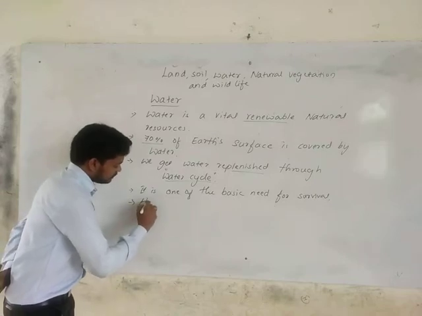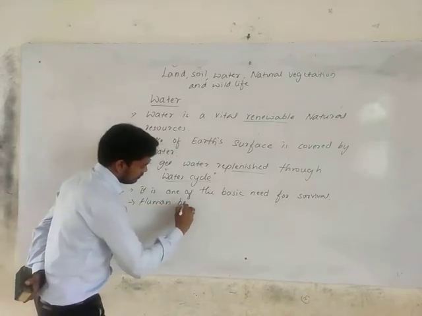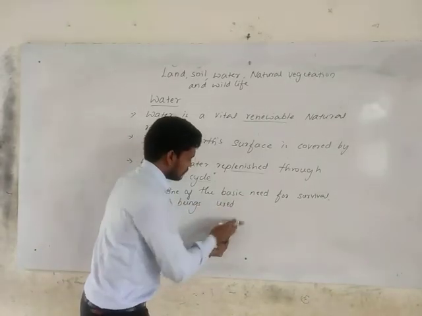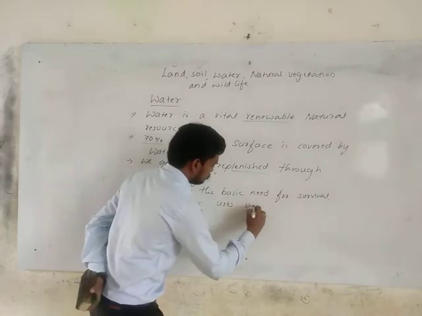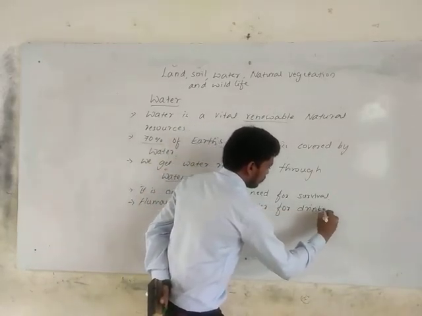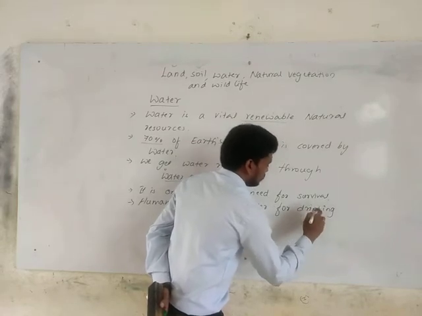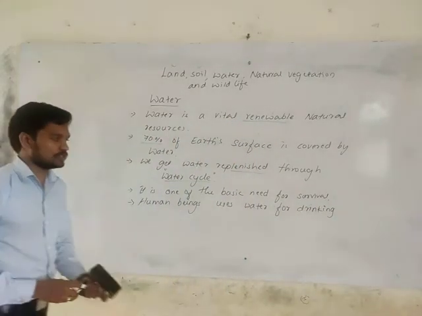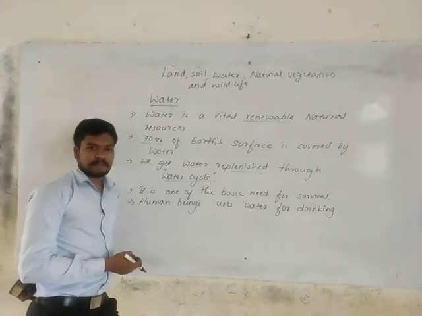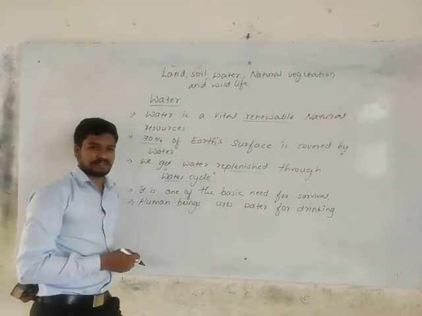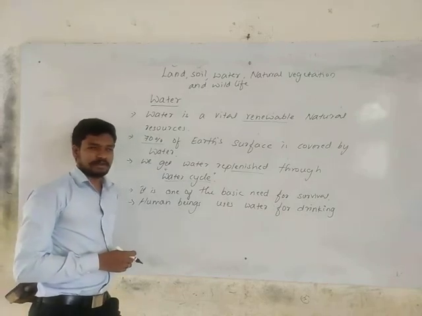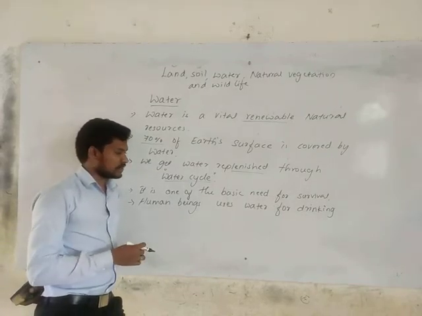So human beings use water for drinking. Actually, not only human beings, animals and birds also use water for drinking. And even for plants, water is very much essential, is it not? So I am taking the example of a human being, but as I told, it is important for everything.